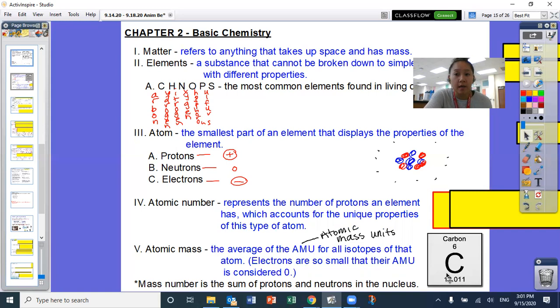Some carbons have extra neutrons, some have fewer, based on what's going on in their chemical structure. When you average them all out, even though it's still rare compared to the normal 12 AMU carbons, there are more that are heavier than 12 than there are that are lighter. So the few that are heavier cause the average of all carbon atoms to be a little higher than 12.